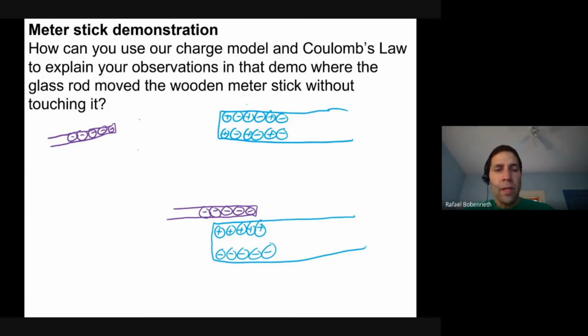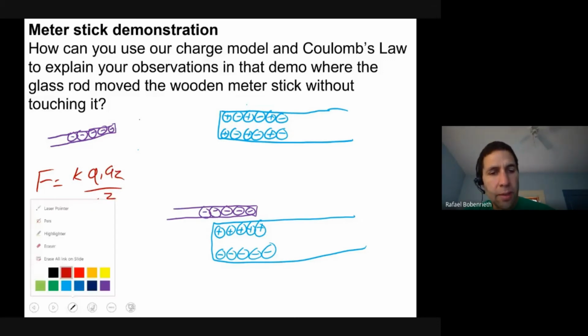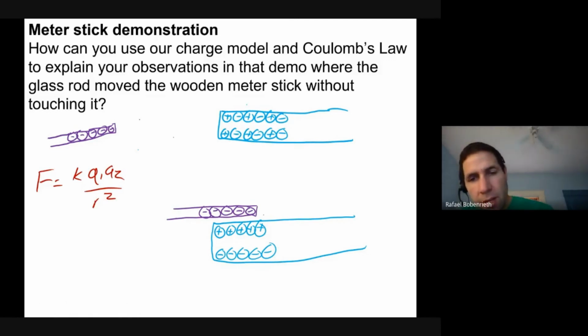Now, Coulomb's law says what? It says that the force equals K Q1 Q2 over R squared. So notice my R values here, and I'll try and use two different colors. Notice that the average distance to the protons, I'm going to call that R1, okay?